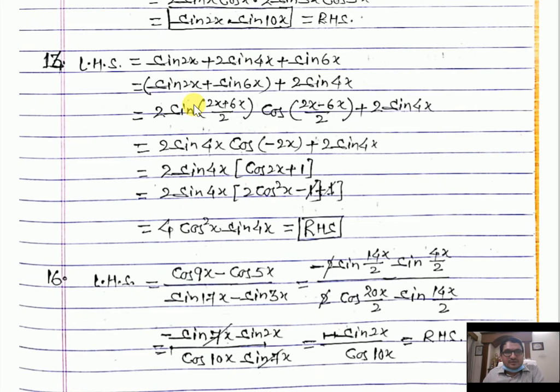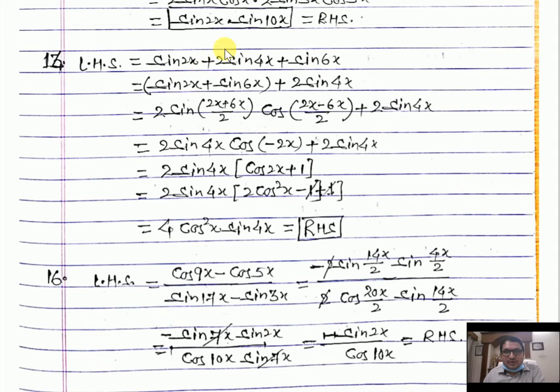Question number 12. Left hand side given: sin 2x plus 2 sin 4x plus sin 6x. So we can apply sin c plus sin d, but it's very important to identify which two terms we should combine to apply the formula. So sin 2x and sin 6x.